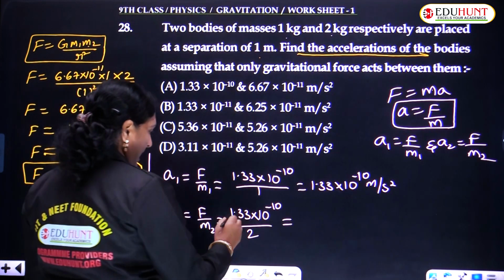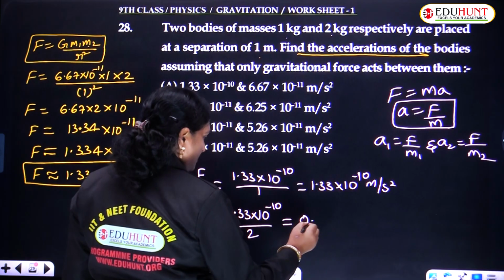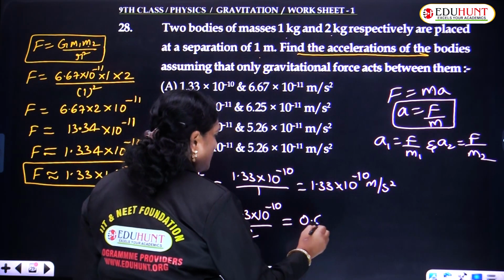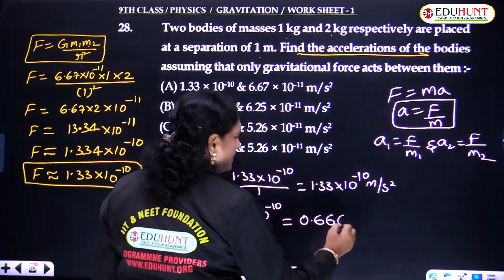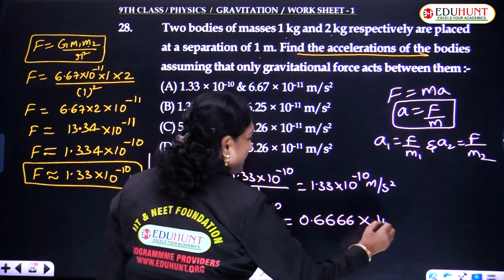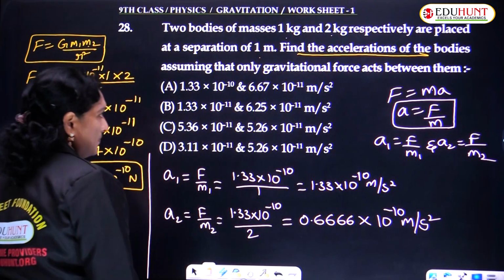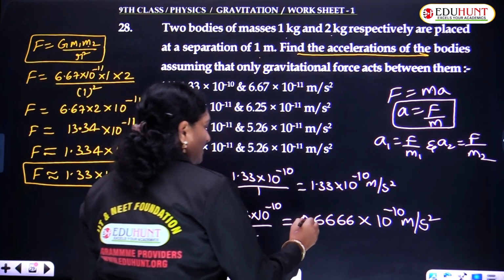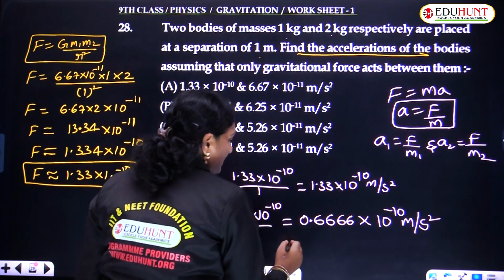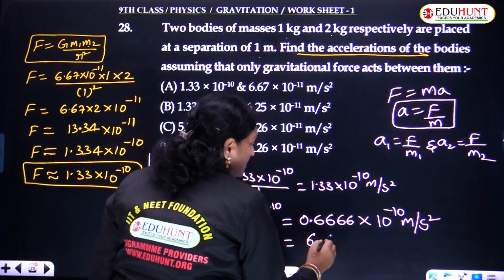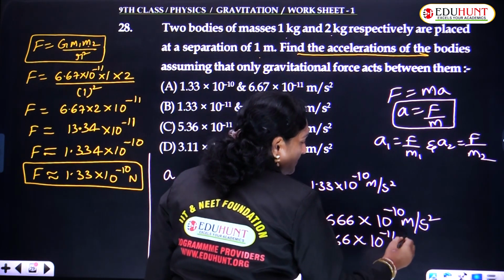On simplification, you will get something like 0.666 into 10 power minus 10 meter per second square. Or, once you bring the decimal to the other side, it will become 6.666 and so on into 10 power minus 11 meter per second square.